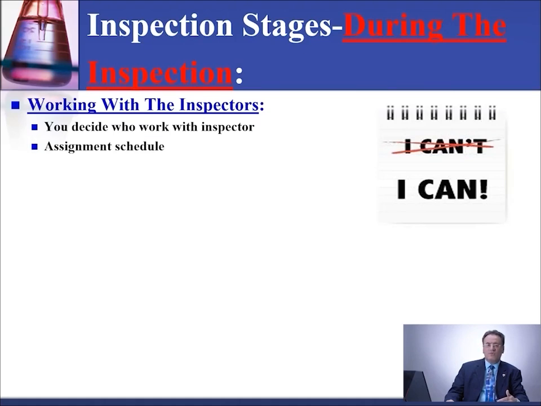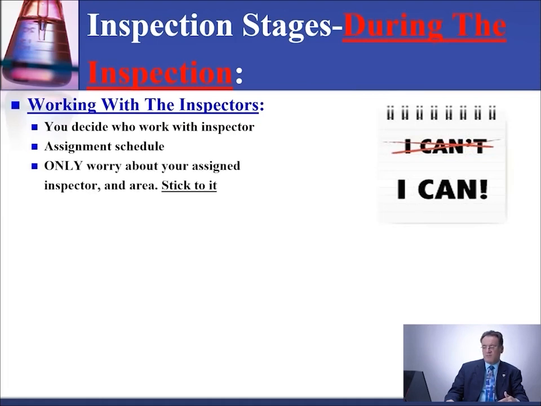CAB does not force you to assign somebody for the inspectors. You choose who works with the inspectors. So we have them on an assignment schedule. And I advise you to only worry about your assigned inspector and your area. Stick to it. Don't worry about anybody else at this moment. Make sure for your section you have enough staff.